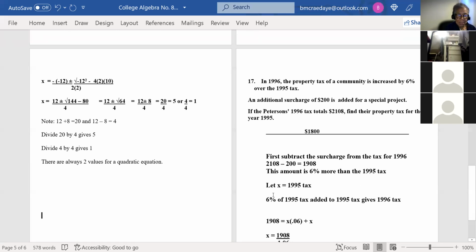So that means if we take 6% of the 1995 tax and add it to the 1995 tax, we should get the 1996 tax. Okay.